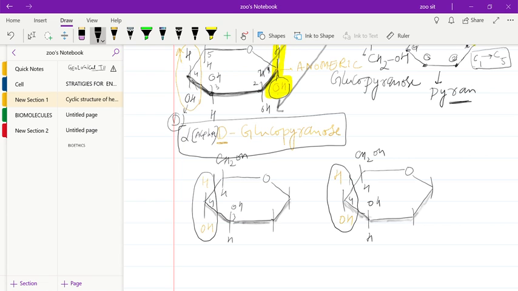And then looking at carbon number 2 again, it will be an H here at carbon number 2, and it will be OH here.